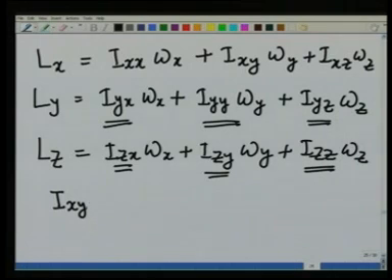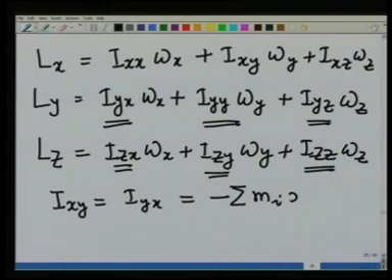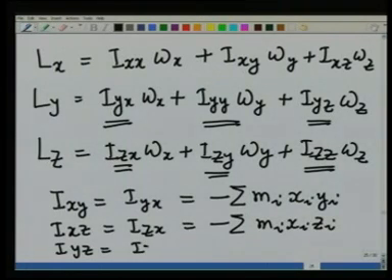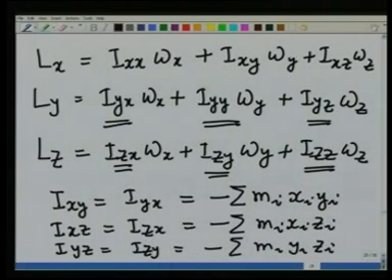I x y is going to be equal to I y x, which is equal to minus summation m i x i y i. I x z is going to be equal to I z x, which is equal to minus summation m i x i z i, and I y z is going to be equal to I z y, which is equal to minus summation m i y i z i.